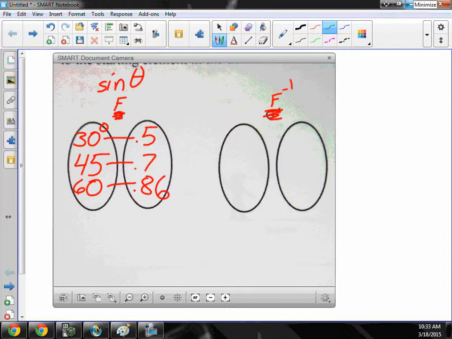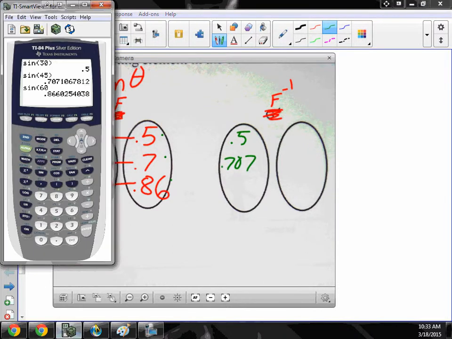So, each one of these ratios is tied to a single angle, which means we can invert this. We can flip them around. So if I have 0.5, and this was actually 0.707, and the other one was actually 0.866, I can create 30 degrees, or 45 degrees, or 60 degrees. And you still use the sine button, but you don't use the regular sine button.